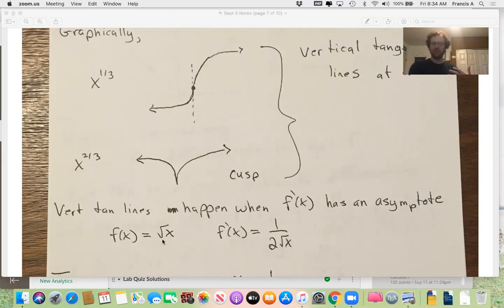I should also specify the question of where is a function differentiable is exactly the same, if you have a formula for the derivative, as where is f prime defined? What is the domain of f prime? And in this case, 0 is the problem point. We have an asymptote, but then we also want to think, if f prime has an asymptote, what does that mean about the original function? And what's happening is there's a vertical tangent line.